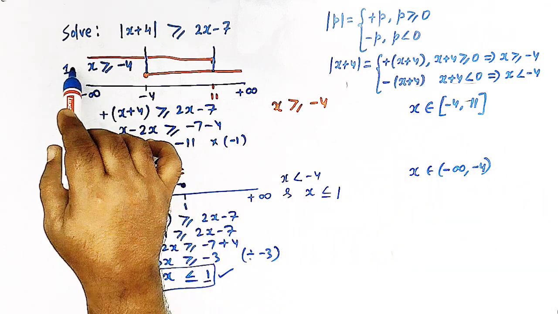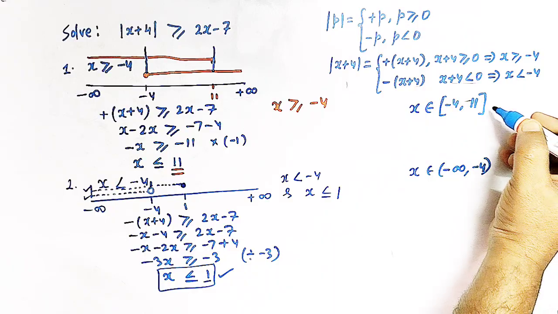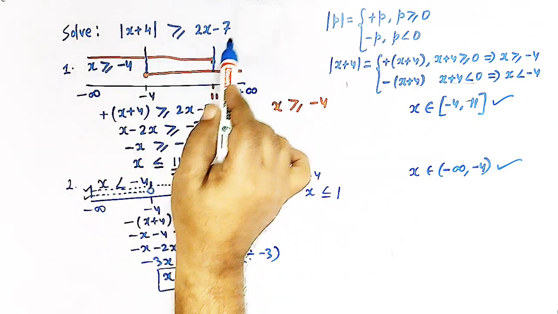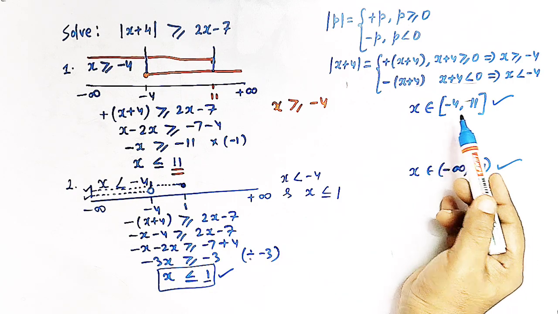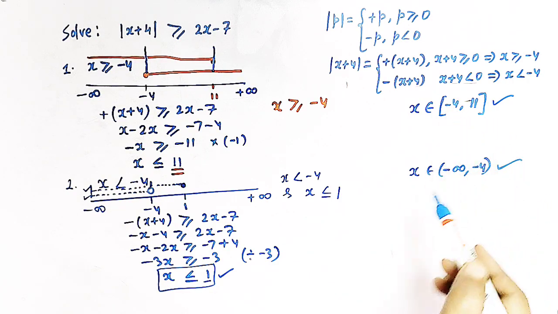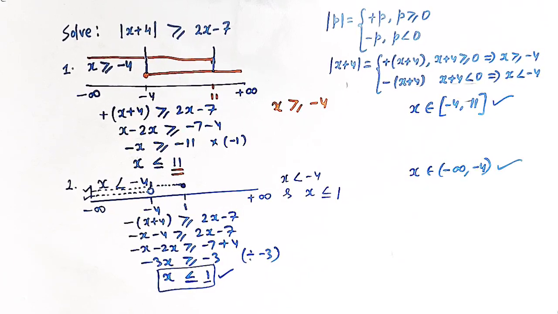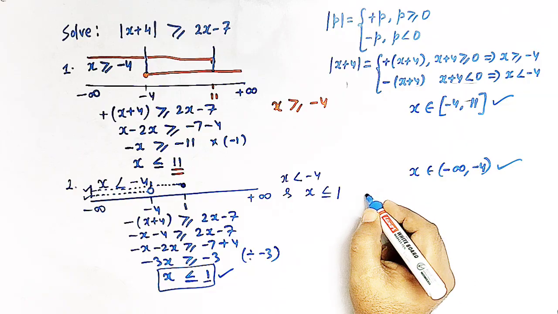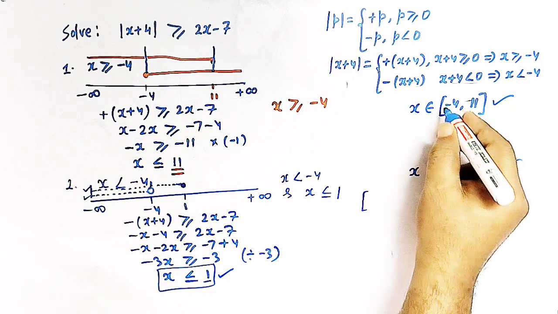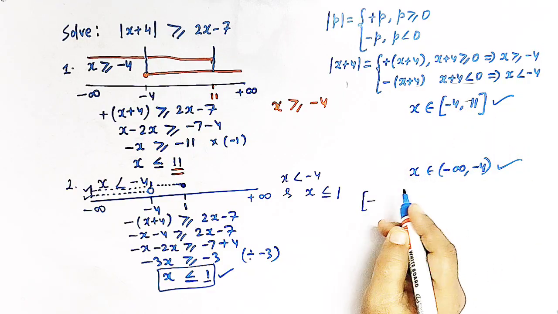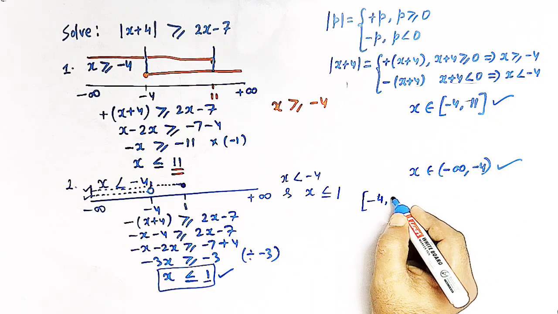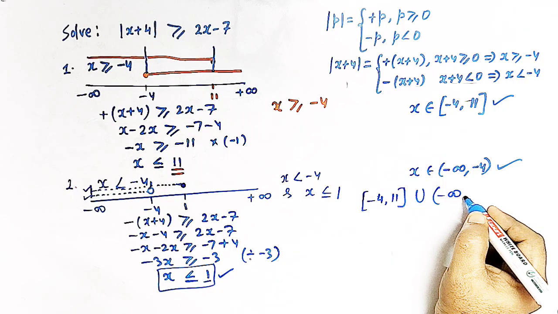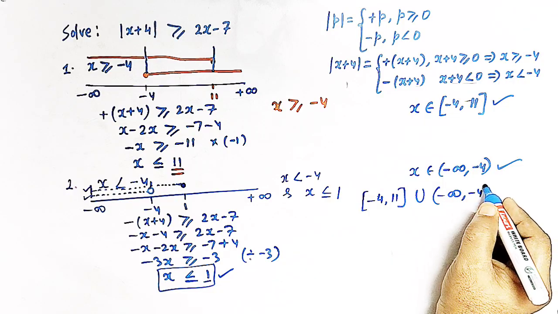So now, from these two cases we have two solutions, right? And the complete solution of this inequality is given by the union of these two intervals, that is from -4 to 11, and then we have the union, and here we have minus infinity to minus 4, right?